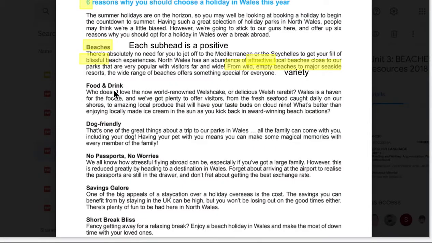Well, what we've got here is an appeal to a particular type of tourist, a haven for the foodie. So the technique used there is appealing to a particular type. Again, notice that I've avoided talking about the rhetorical question because it's hard to talk about.